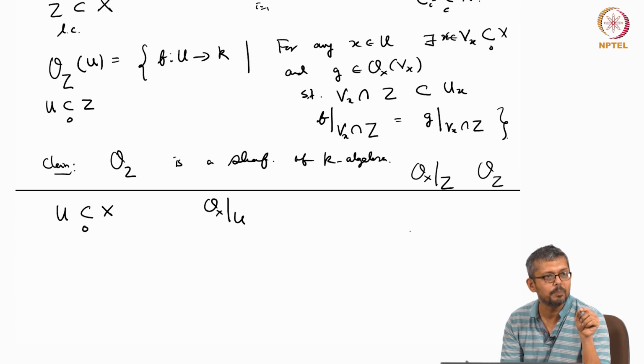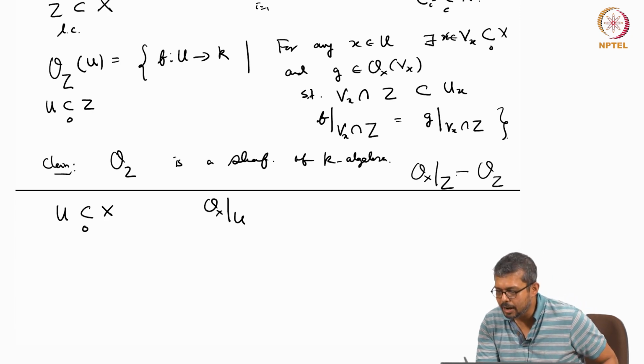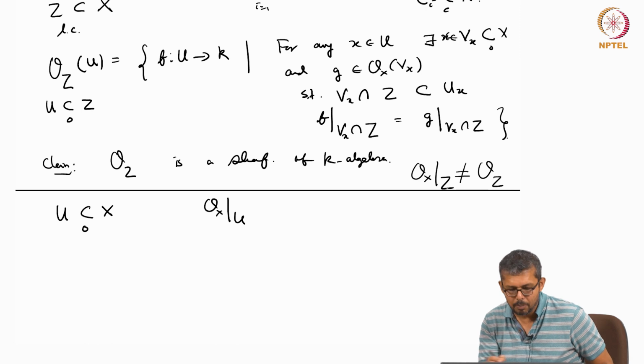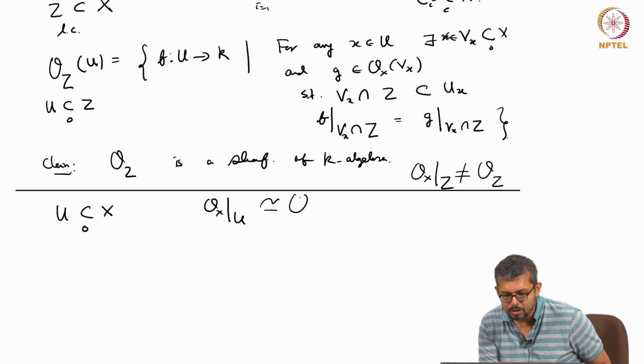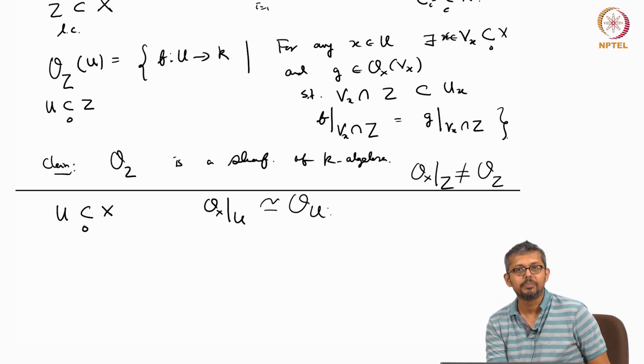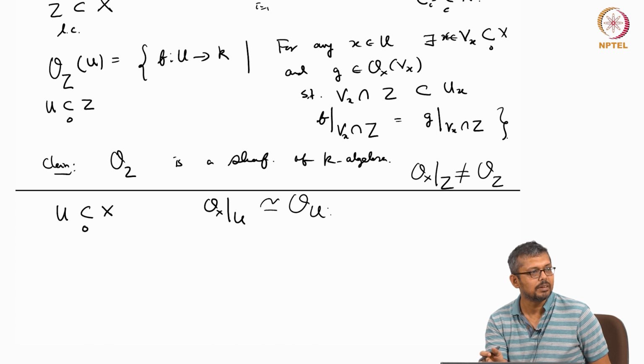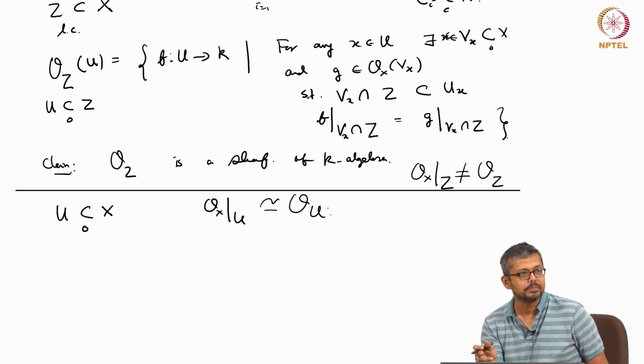You definitely have a stalk at a point. But the point is that if U is open, then O_X restricted to U is isomorphic to O_U under this definition, for any pre-variety.